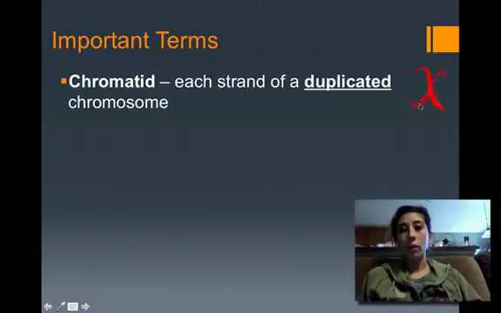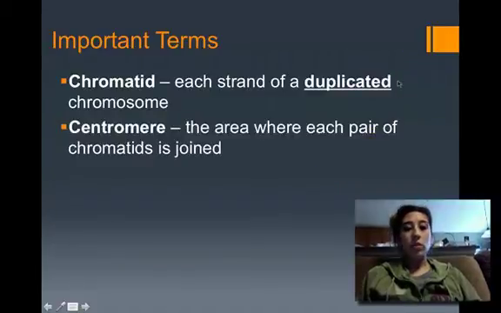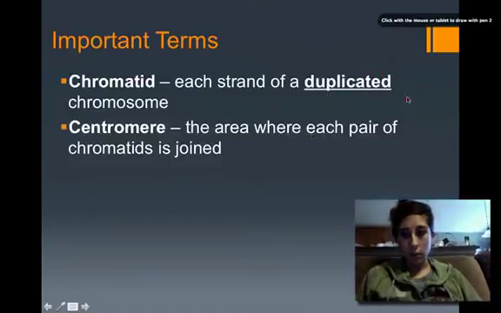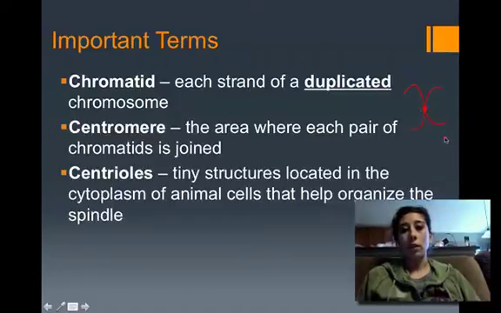When they're connected like this, we call them sister chromatids. And then we have centromeres. You're going to see centromeres in the areas where each pair of these chromatids is joined. Right in the middle, that region is called the centromere.